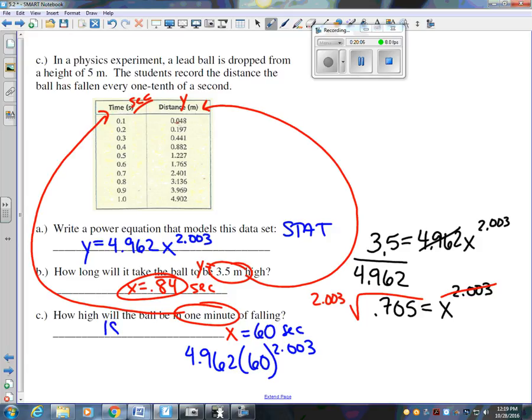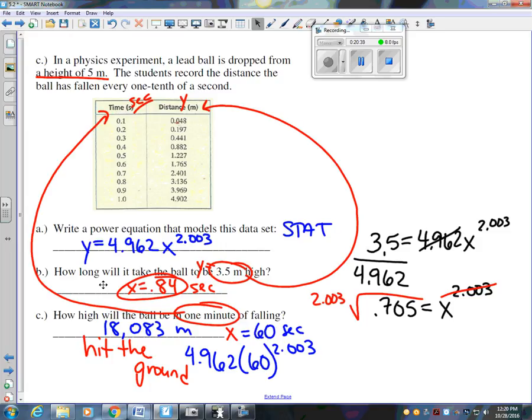And you should get 18,083 meters, which is impossible. It's dropped from a height of 5 meters, so it has hit the ground at this point. But that's if you're being technical about it.